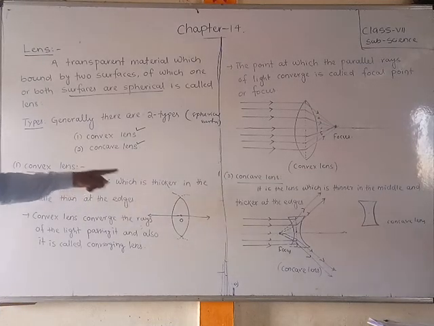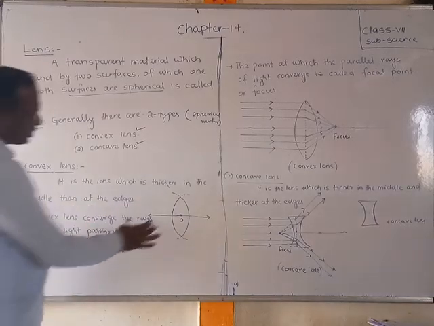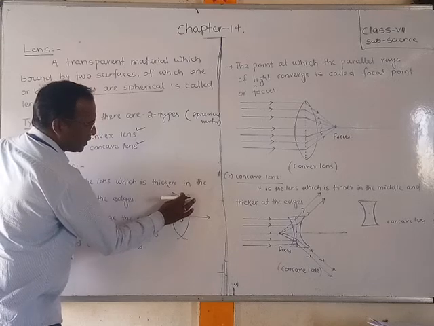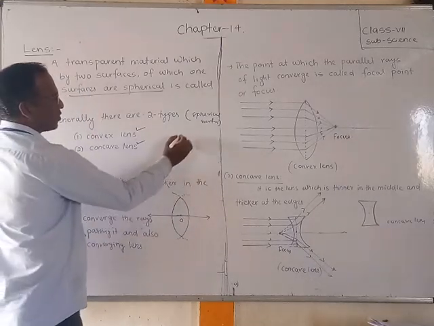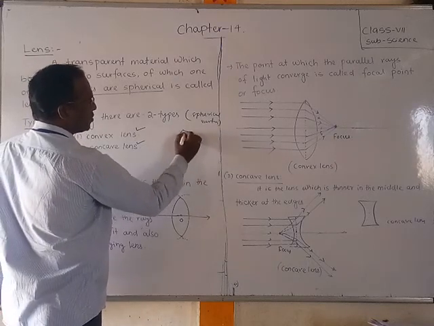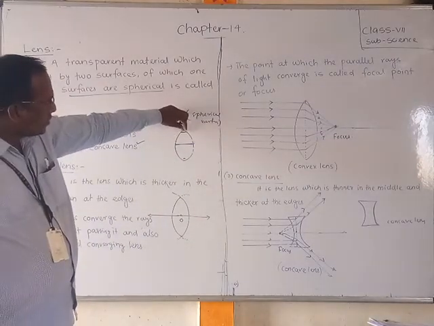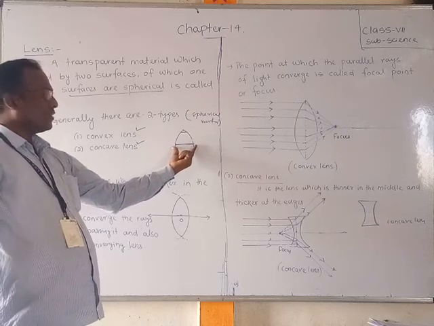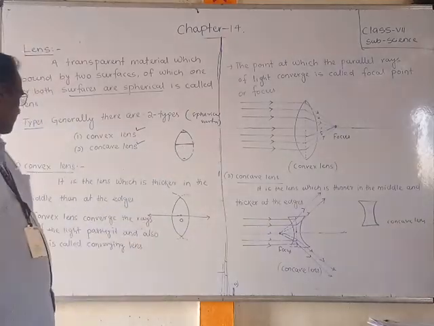It is a lens which is thicker in the middle than at the edges. This middle portion is thicker than the edges, and the edges are thin. If the edges are thin and the middle is thicker, that is called a convex lens.